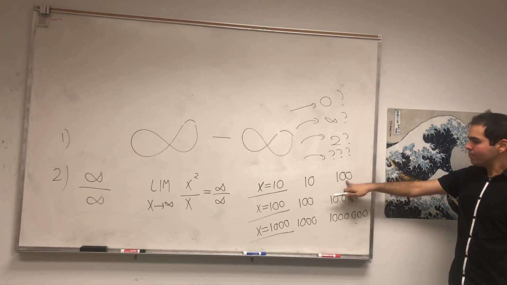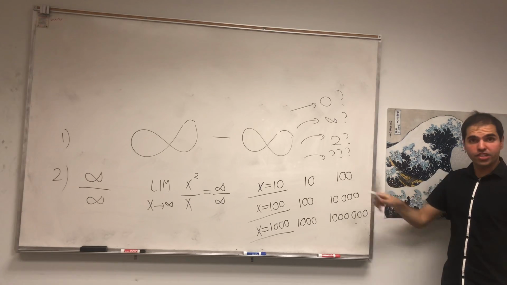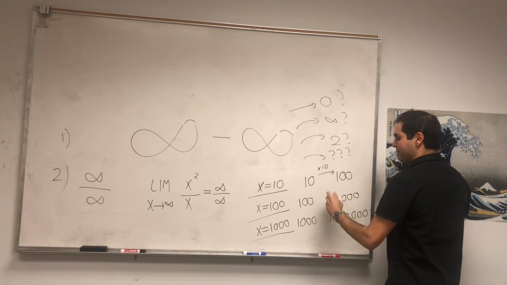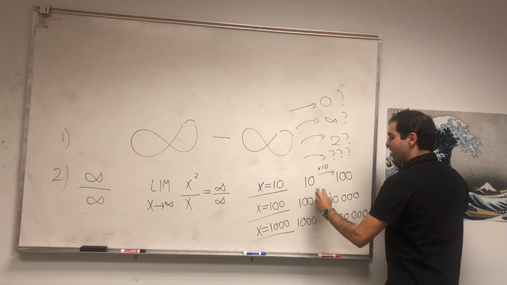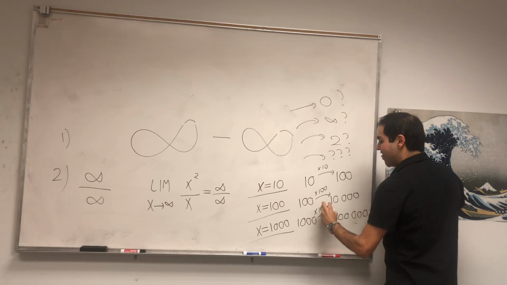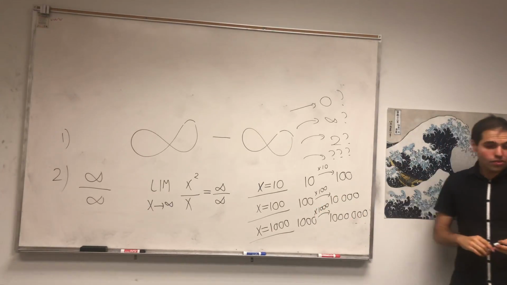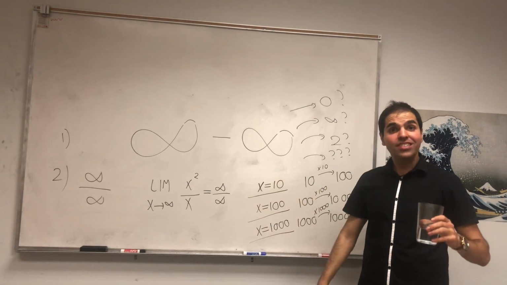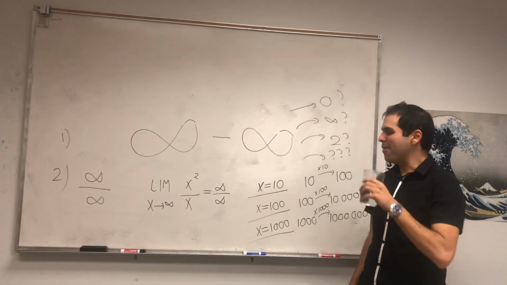Initially, Black Pen, Red Pen is 10 times as popular as me. Then, he is 100 times as popular as me, and then 1,000 times. So the question is, how much more popular will he be? Well, the answer is actually infinitely more popular.